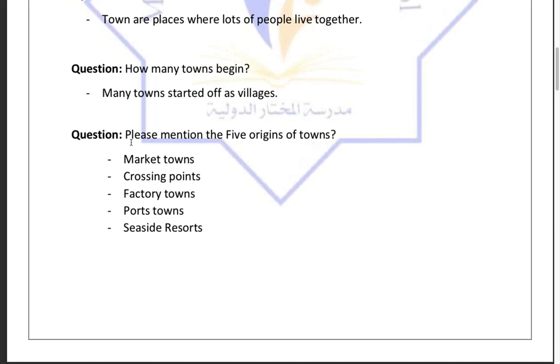Or types of the beginnings of towns. Market towns, crossing points towns, factory towns, port towns, and seaside resorts towns. 5 origins of towns, and we will separately talk about each one of them independently.